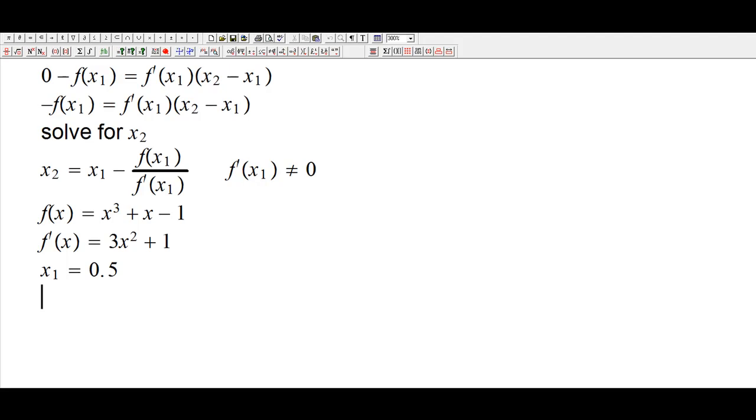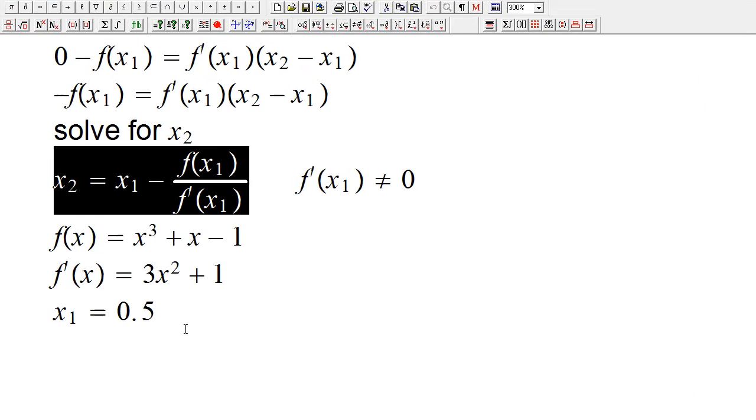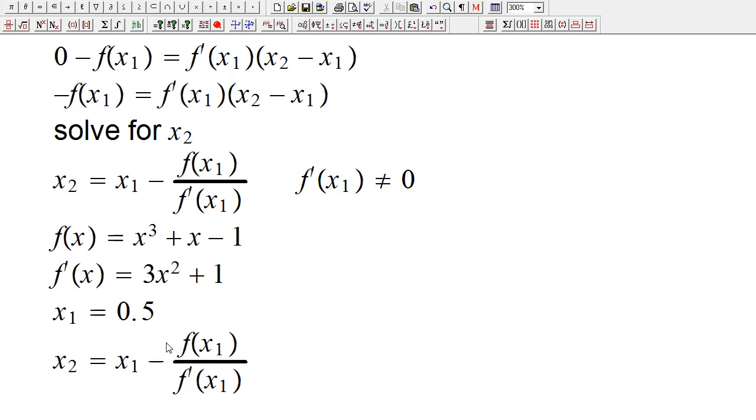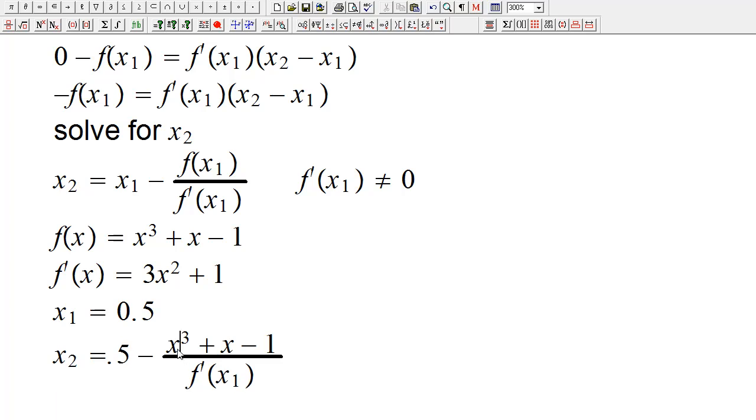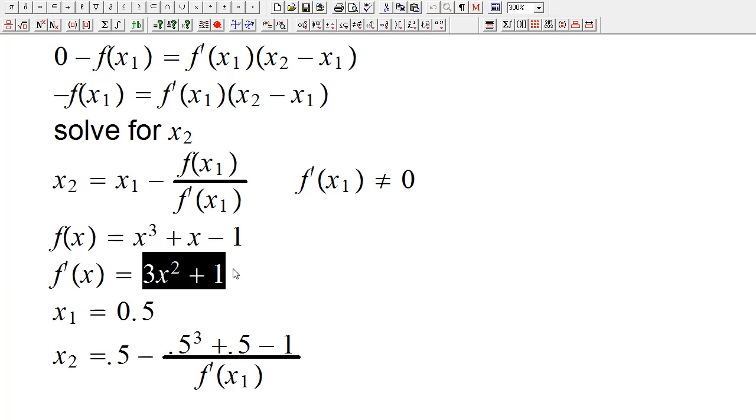So for this particular question, how do we get our x2? We get x2 as 0.5 here, minus the value of the function at 0.5, divided by f prime at 0.5.